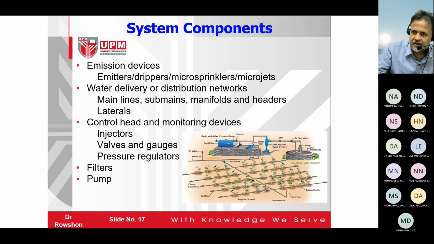The manifold connects to the lateral. So the manifold supplies water to the lateral, the lateral supplies water to the emitters, and the main line supplies water to the manifold. Submains are not mentioned here, and headers are not available here.